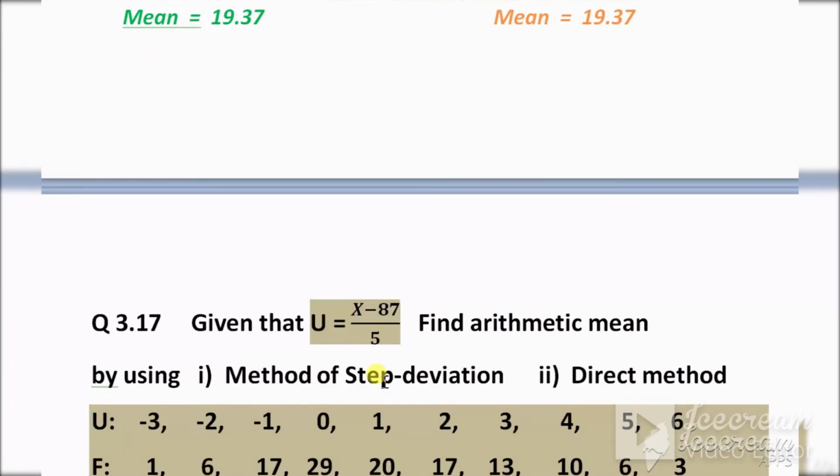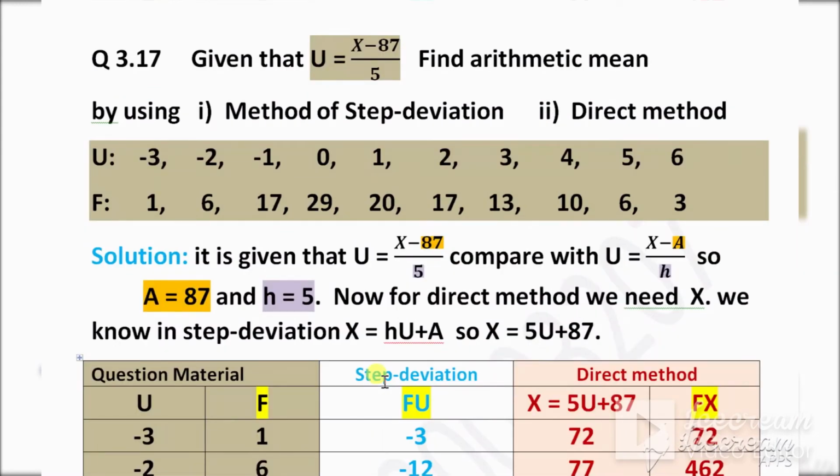Now the next question. The next question is: given that u is equal to x minus 87 divided by 5, find the arithmetic mean by using the method of step deviation and the direct method. So this is also a different type of question. In this question u is given, whereas in the previous question d was given.